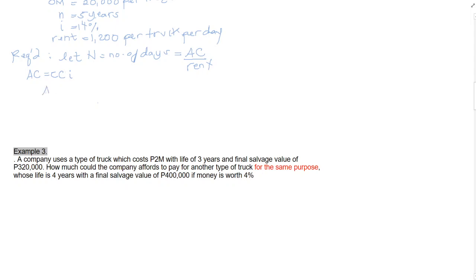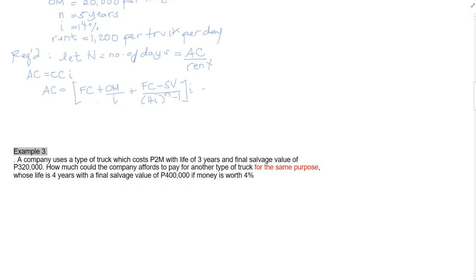So for AC, let us rewrite the formula for the compound interest capitalized cost, which is first cost plus the operating and maintenance divided by I, plus FC minus salvage value or the trade-in value divided by 1 plus I raised to n minus 1, multiplied by your interest rate.